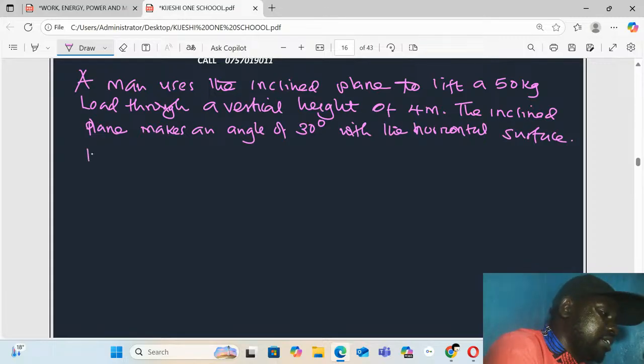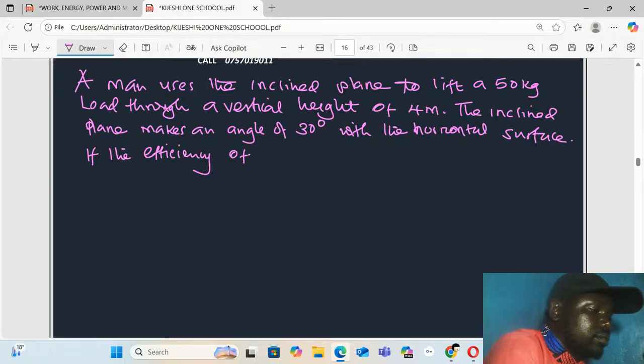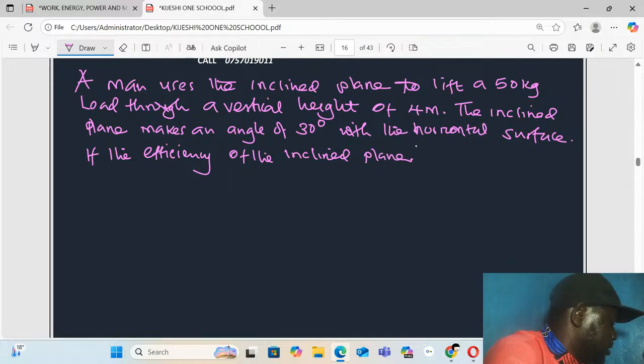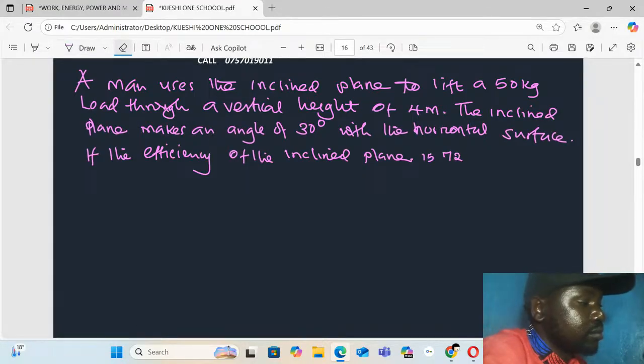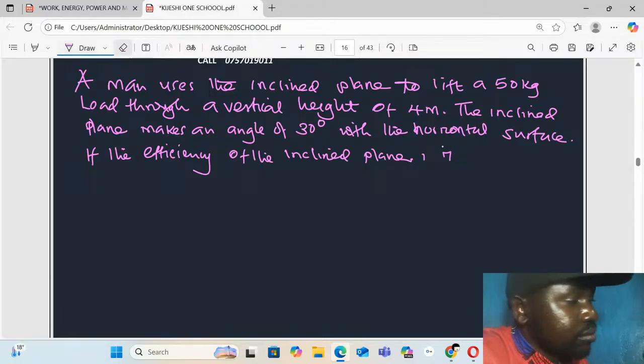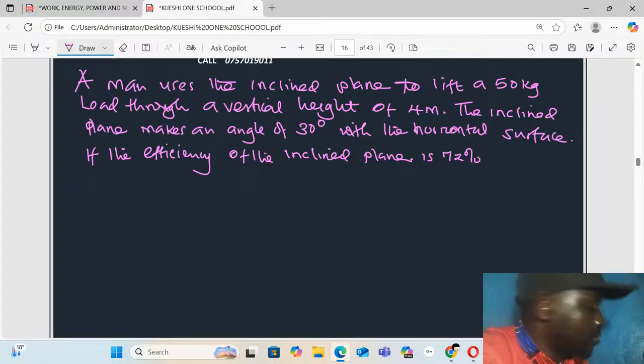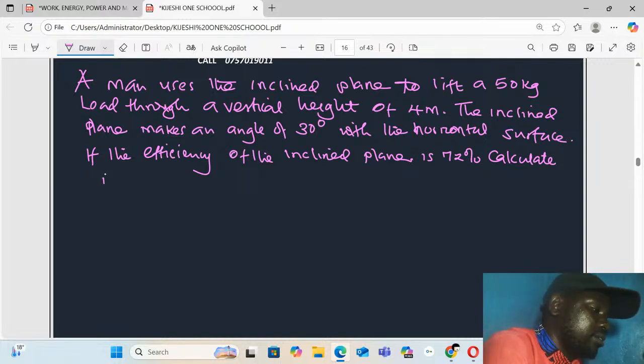If the efficiency of the inclined plane is 72%, calculate: 1.